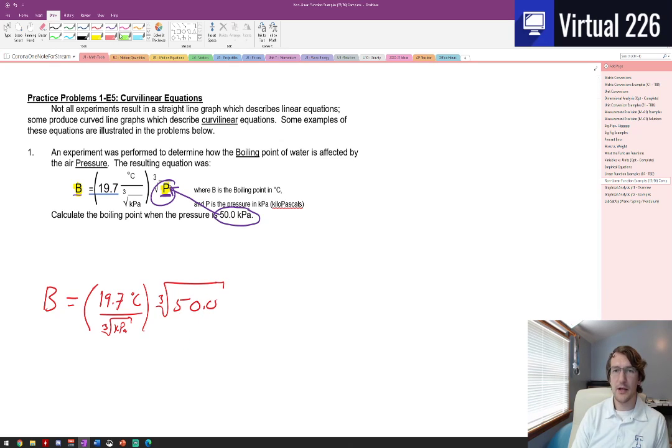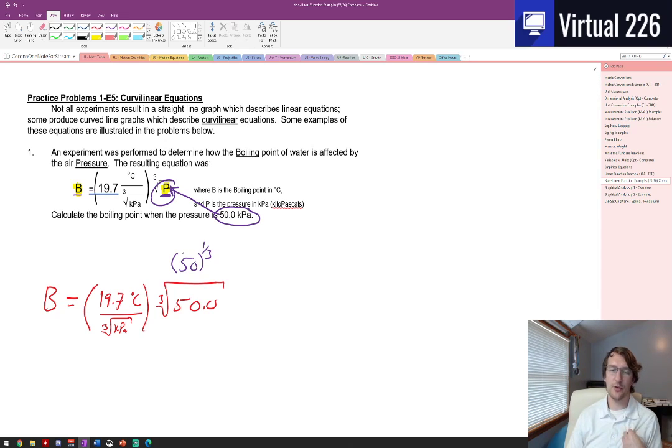Because of your math classes, you might not like to write it as the cube root of 50. You might like to write it as 50 to the 1/3 power. If you like to do that, that's totally fine. That's a great way of doing it. I prefer to do it that way whenever I do my own mathematics, but I know some people are uncomfortable with it, so I write the radicals as well.